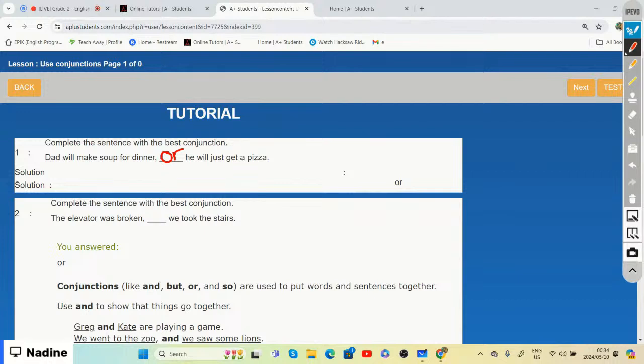And in this case, the person doesn't have a choice but to use the stairs. Not and, because it's not going together. Because remember, we can't go on the elevator and on the stairs at the same time.